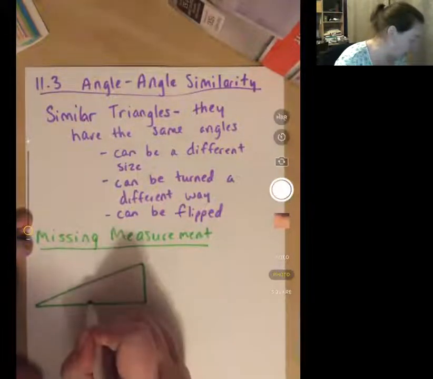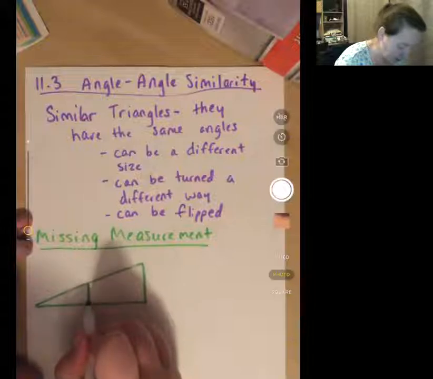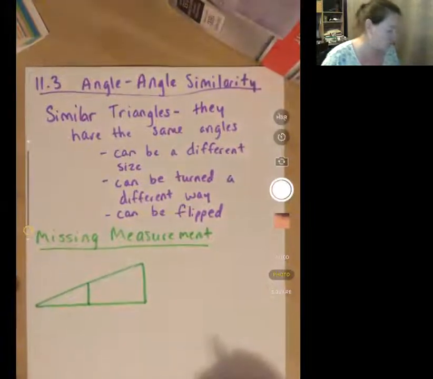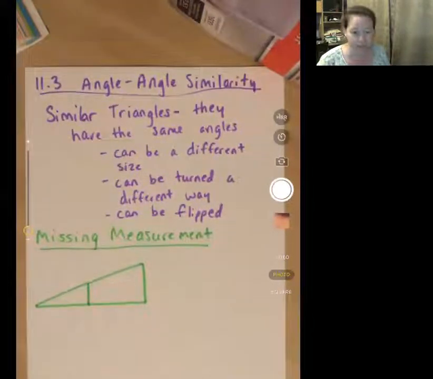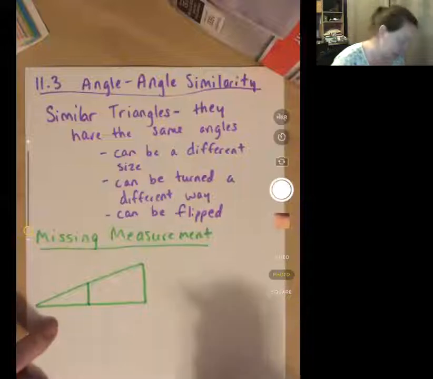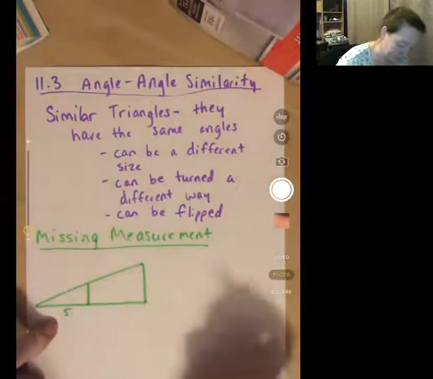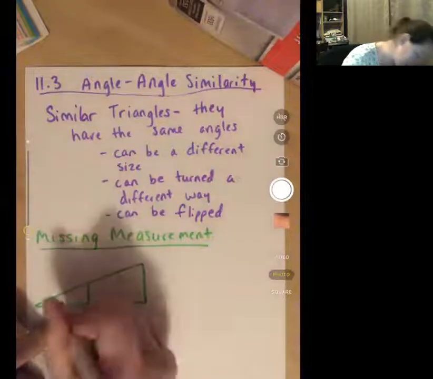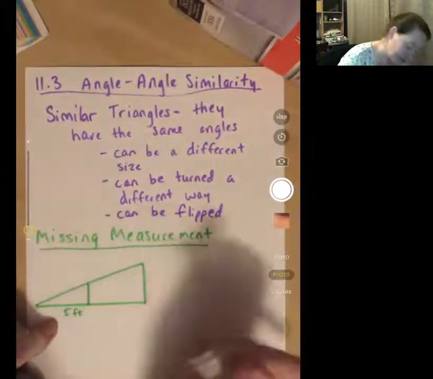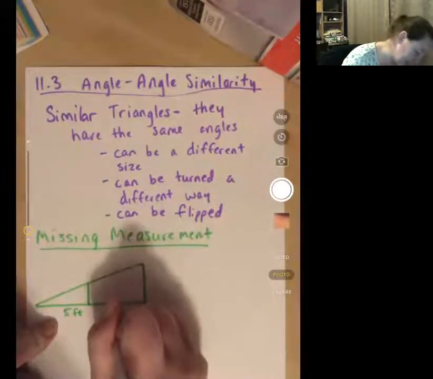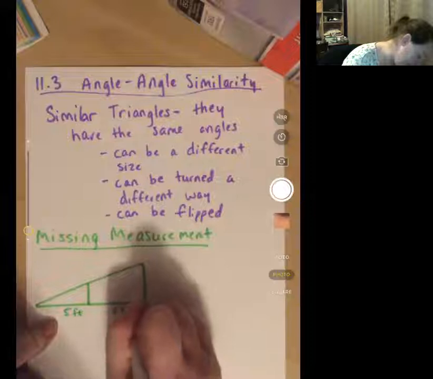And I am told that this point is 5. This is 5 feet away. This right here is another 5 feet away.